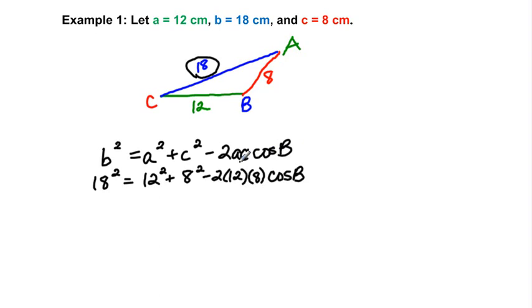So we need to just try to simplify this as much as possible and get cosine B on a side by itself.